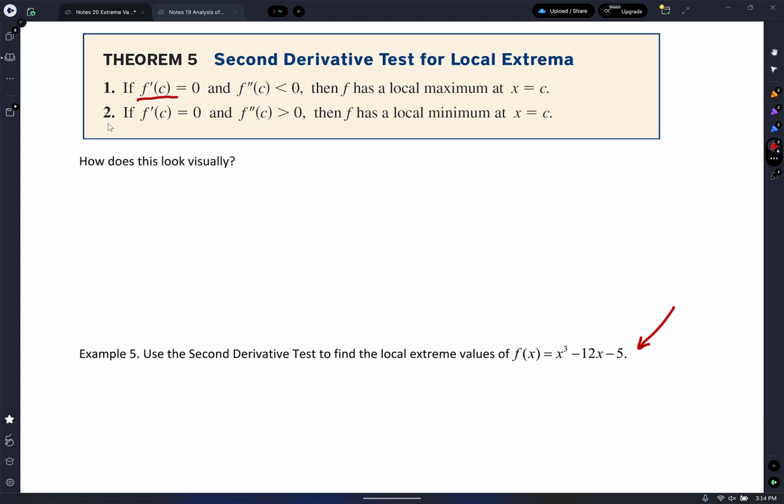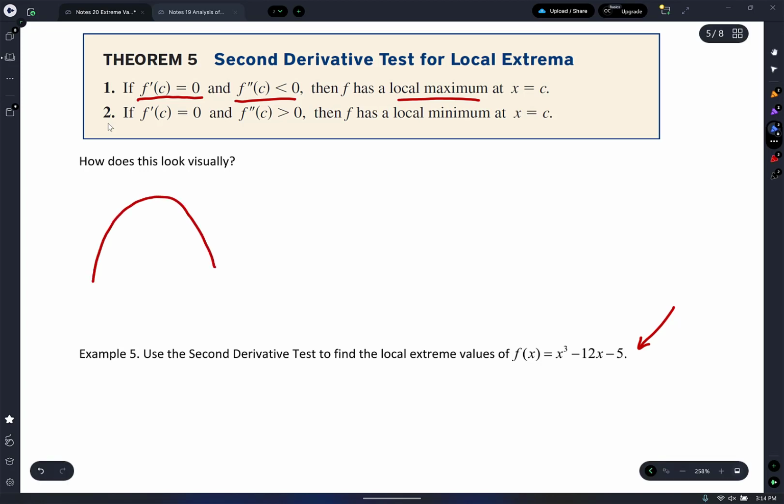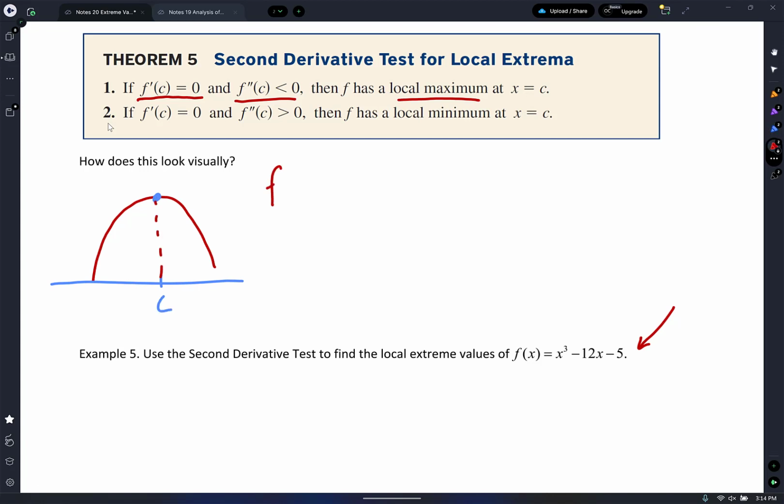Look what it says. If my derivative is 0 and I am concave down, then I have a max. Let's draw a visual. If my derivative is 0 and I'm concave down, and oh, look at this critical point. I'm going to call that C. At that critical point, my derivative is 0.